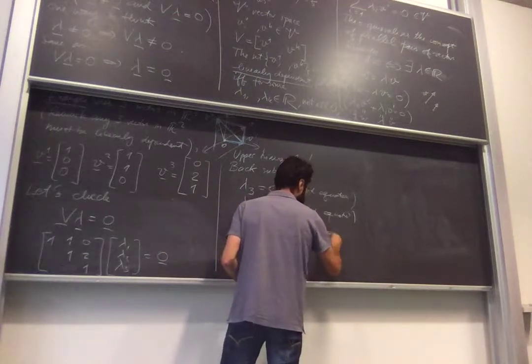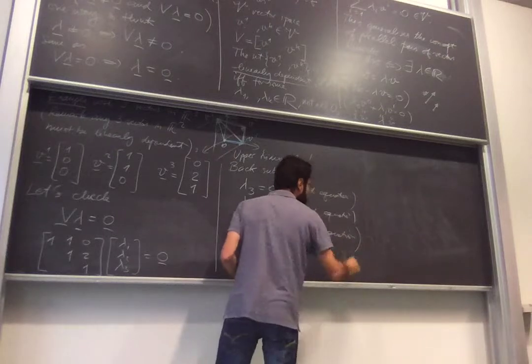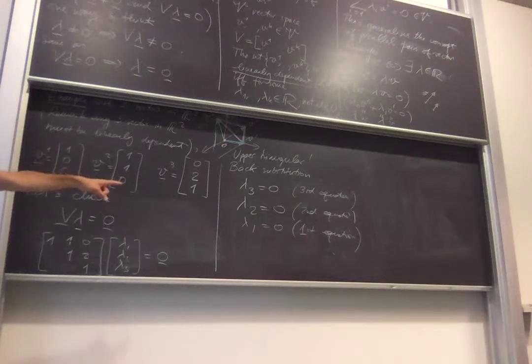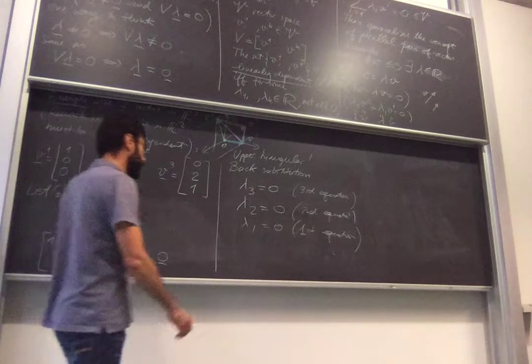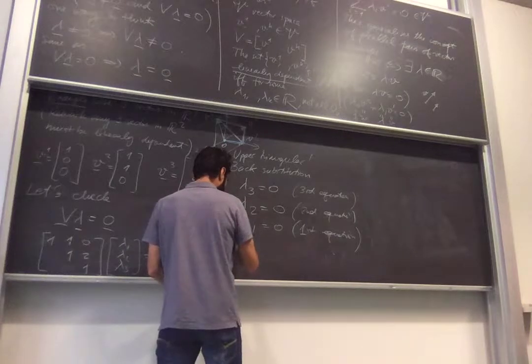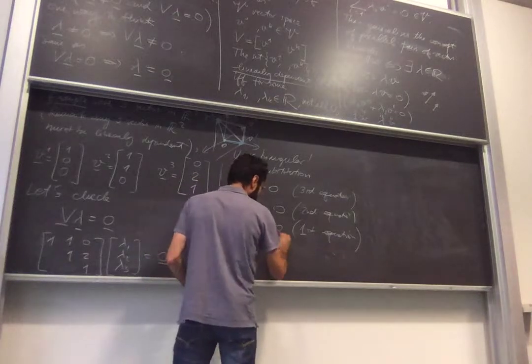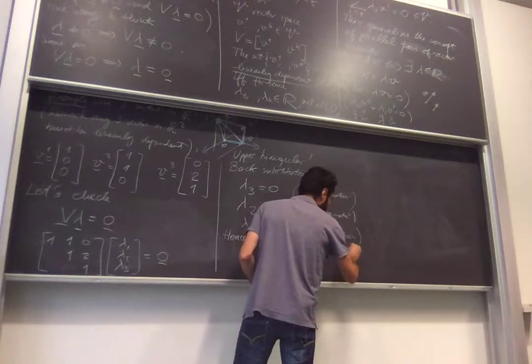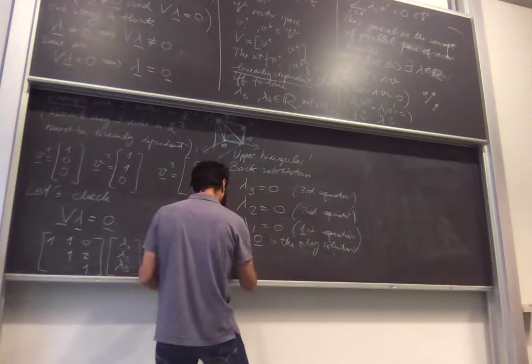This is the first equation. So in fact, this expression here equals 0 implies that lambda 3, lambda 2 are 0. So therefore, this is the only solution. Hence, 0 is the only solution of the system.